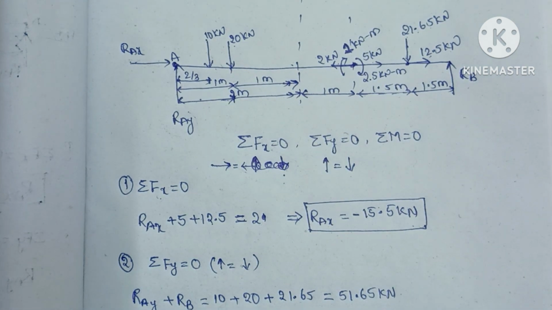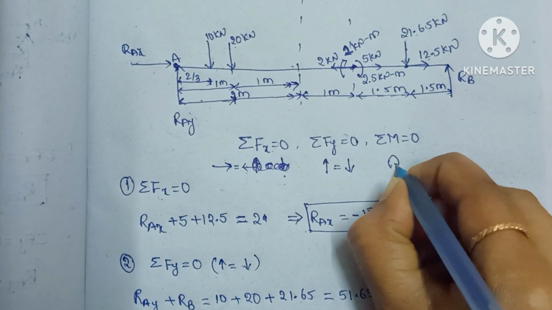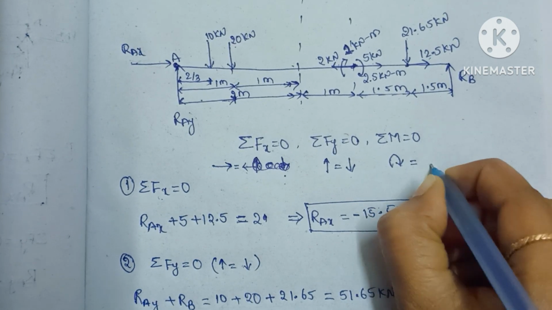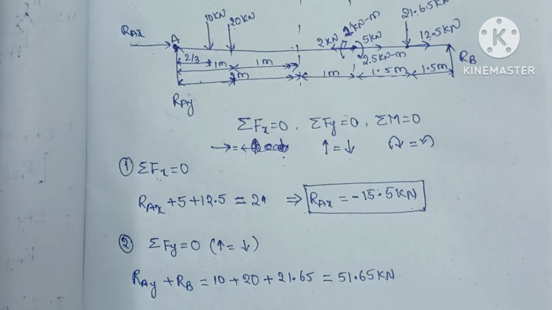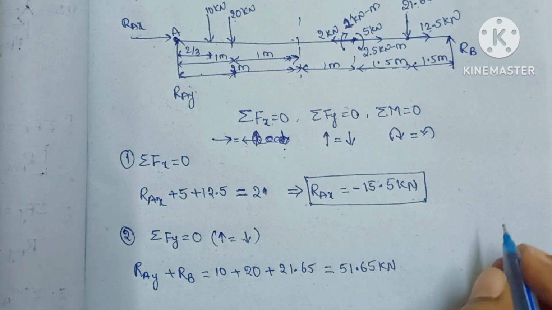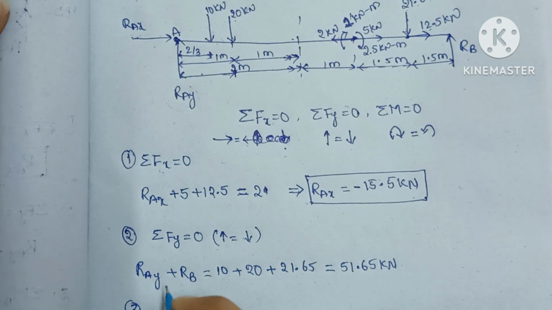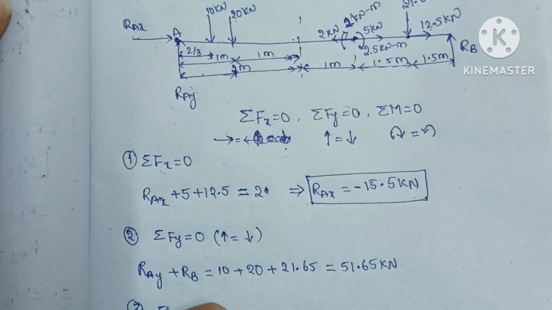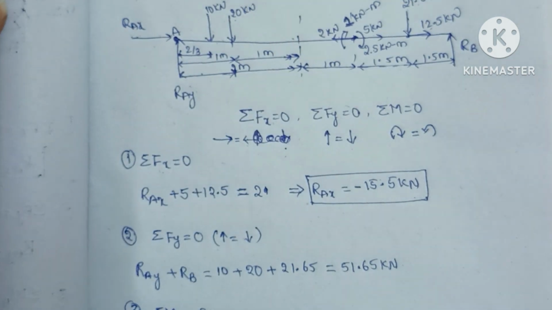Here we got one equation. So from moments we can write moment acting in clockwise direction, which is equal to moment acting in anti-clockwise direction. So from here I am going to write, third one is sum of the moment acting at, I am taking at point A, moment at point A equal to 0.